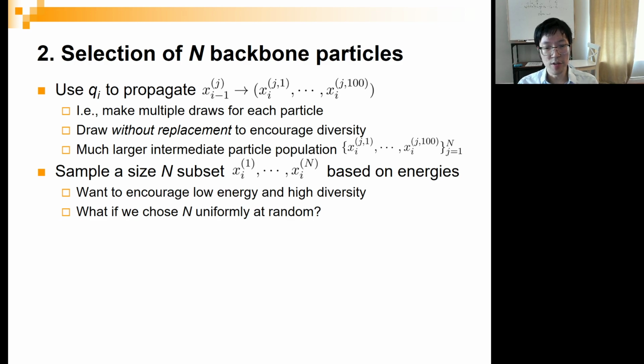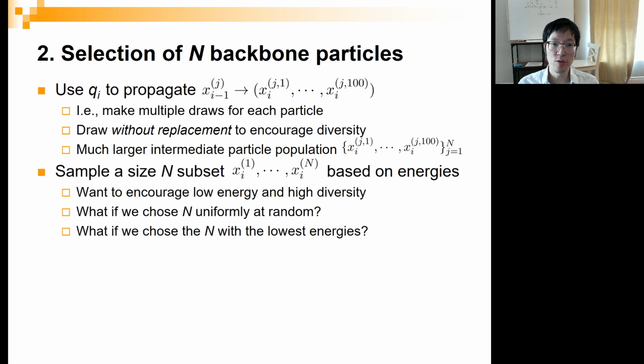As a thought experiment, what if we chose the subset uniformly at random? Well, we would miss out on a lot of the low energy ones because the particles would cover a large range of the energy spectrum.